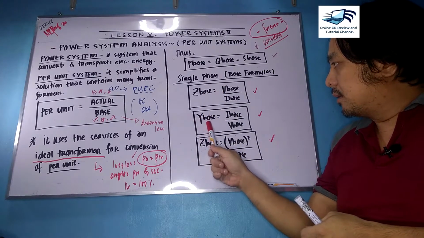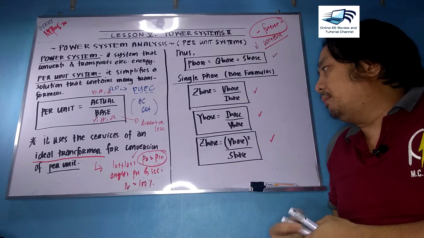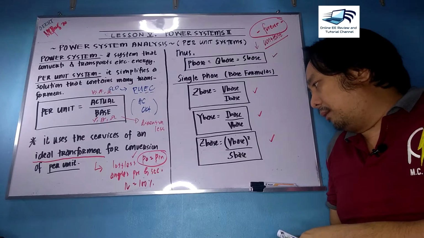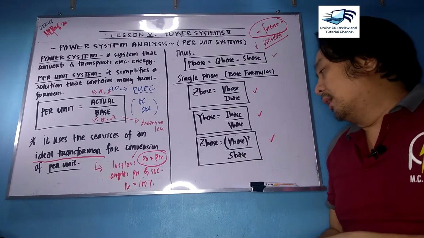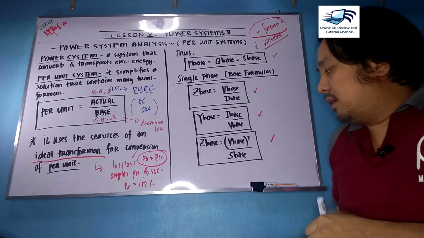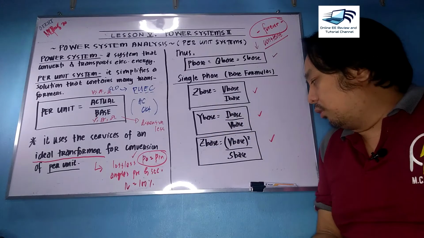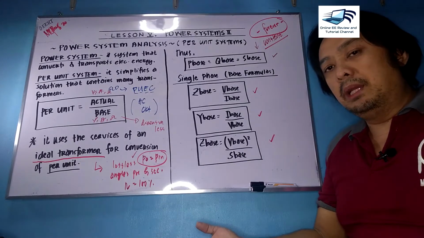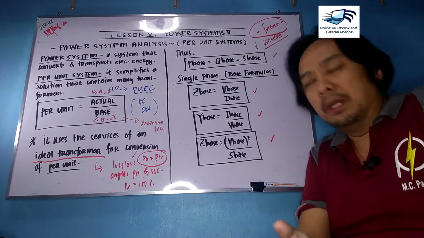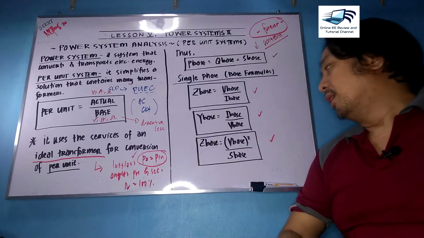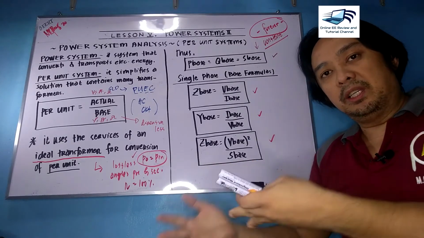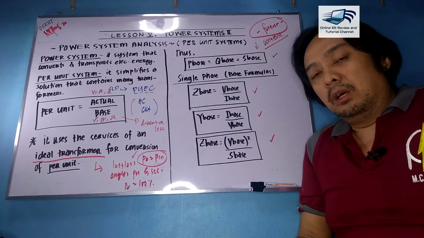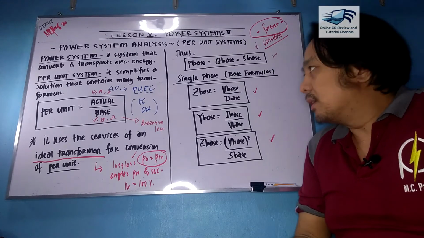The admittance base is the inverse of Z base, so that is I base over V base. And last but not the least, Z base is equal to V base squared over S base. These formulas already look familiar from our past lessons, because we discussed circuits first, then polyphase, and then we encountered all of this in the fundamentals.